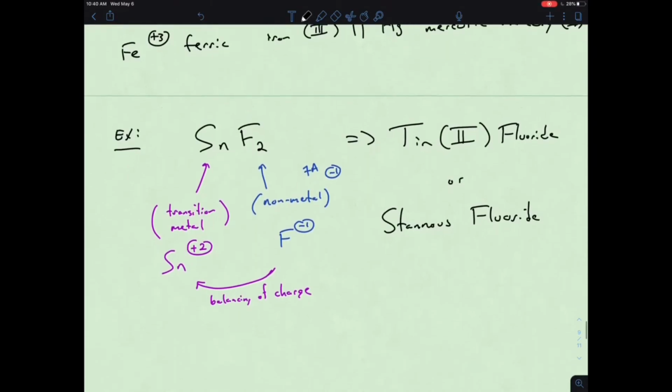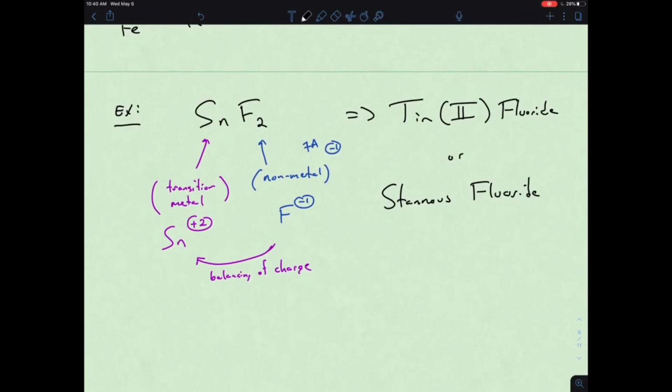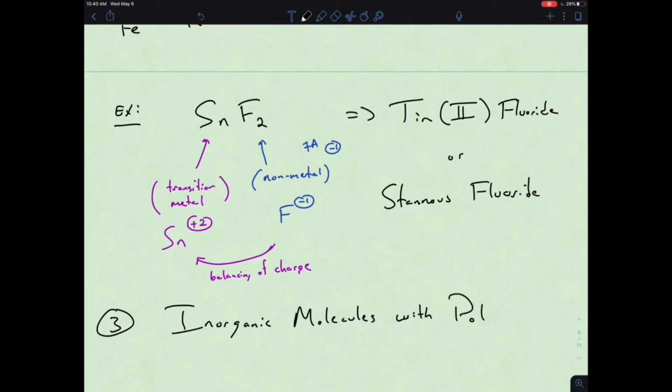The last of the inorganics would be inorganic molecules with polyatomics.